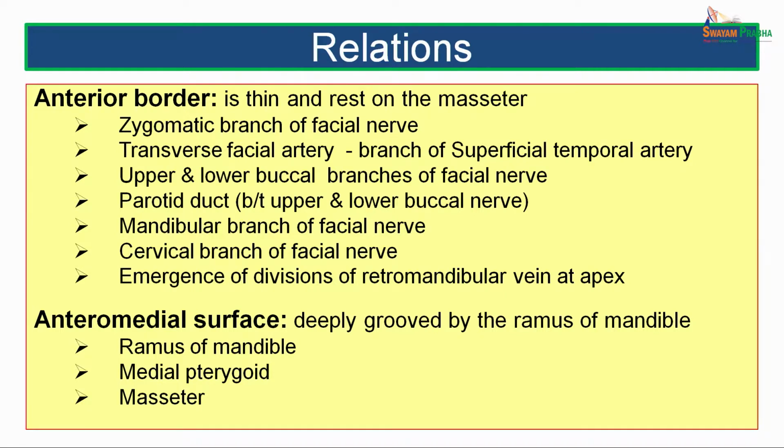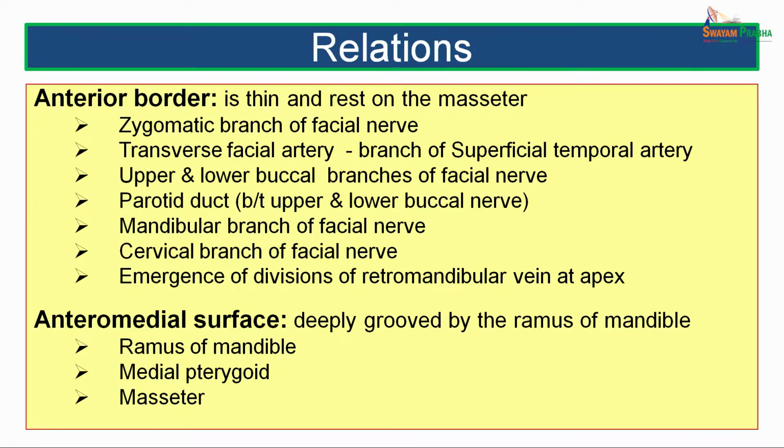Structures leaving the gland from the anterior border or relations of the anterior border are zygomatic branch of the facial nerve, transverse facial artery, which is a branch of the superficial temporal artery, upper and lower buccal branches of the facial nerve, the parotid duct which lies between the upper and lower buccal nerves, mandibular branch of facial nerve, cervical branch of facial nerve, and emergence of the divisions of retromandibular vein at the apex.